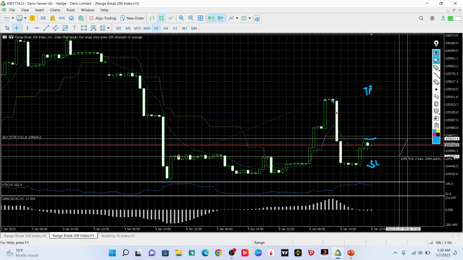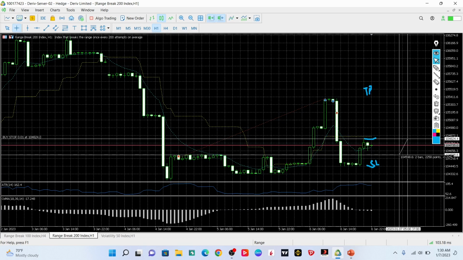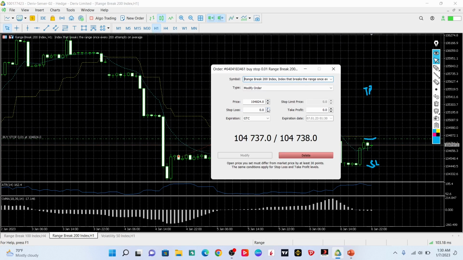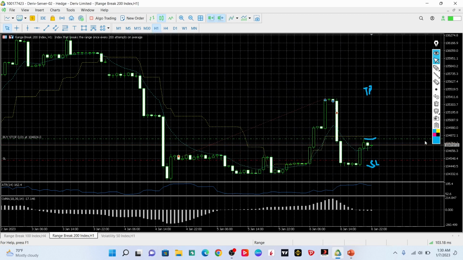So in case the order gets triggered and does not go your way, this is where your stop loss should be, around there. This is going to be at 1045.20. And modify it from here.